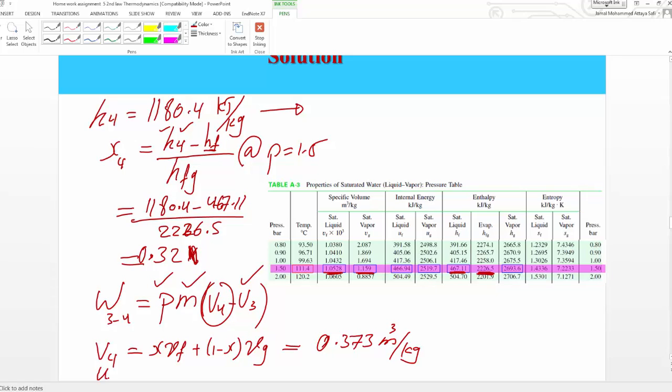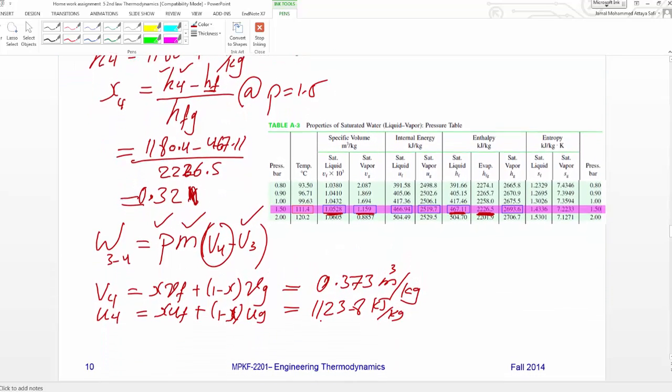And U4, you will also need it. Do the same, X UF plus 1 minus X UG, and if you do so, you're going to get this as 3.8 kilojoule per kilogram. Going very fast now because most of you have control over these things, or dealing with tables.